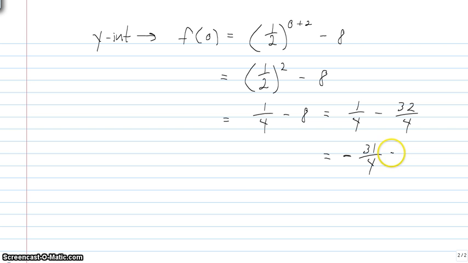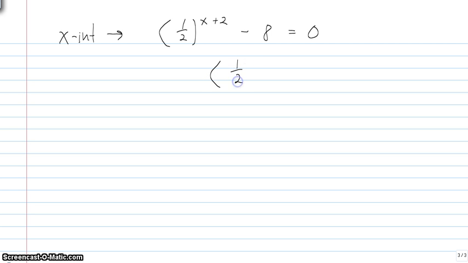So that looks to be reasonable. If you divide 31 by 4, you get 7.75, right? So -7.75. That seems reasonable, something that's just a little bit smaller than 8 for our y-intercept.